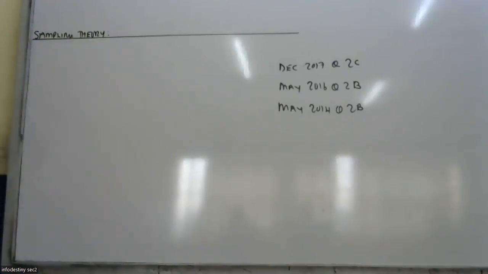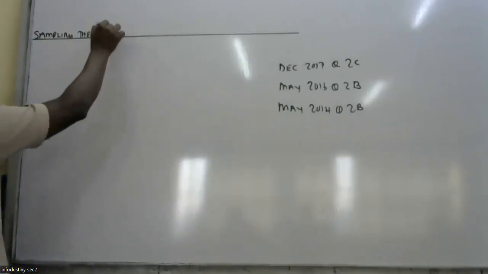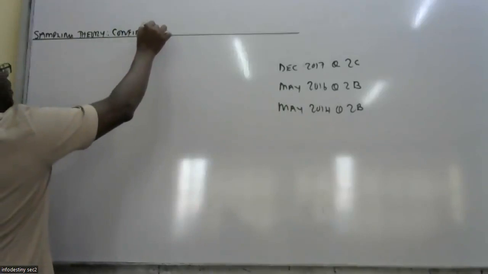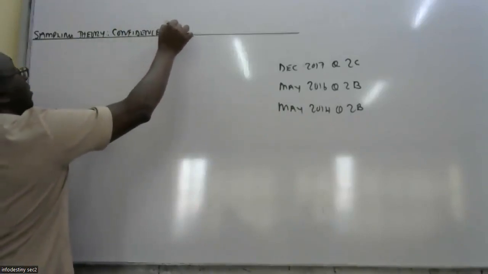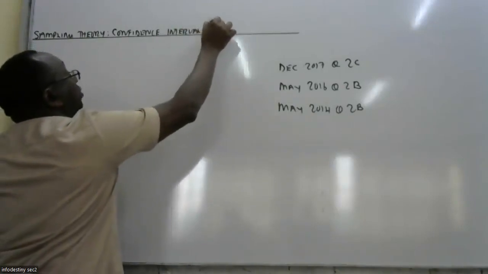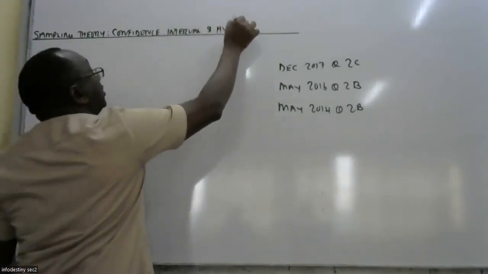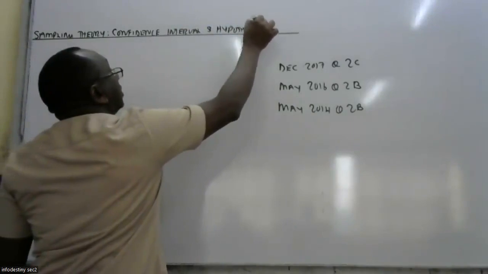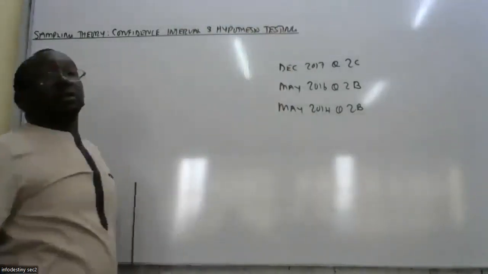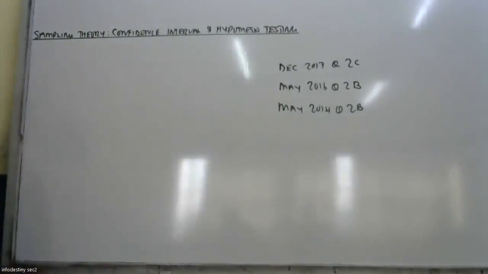And in this sampling theory, we have two main areas. One is called confidence interval. And the second one is called hypothesis testing.